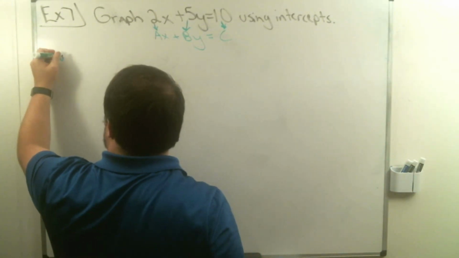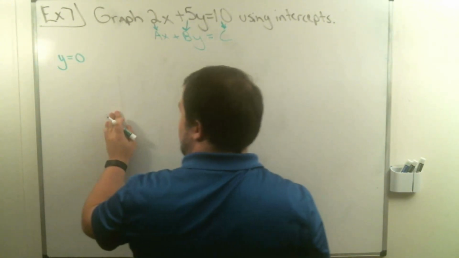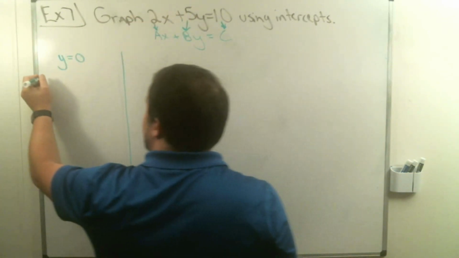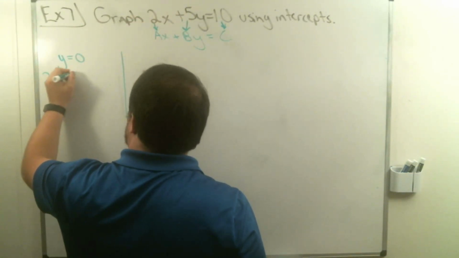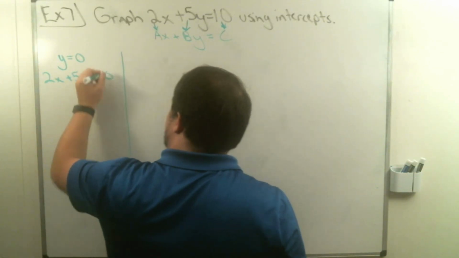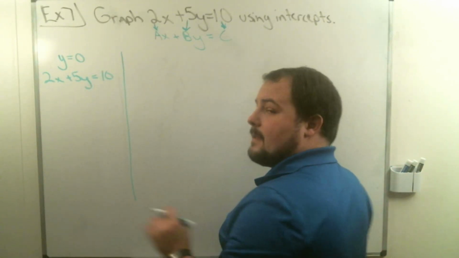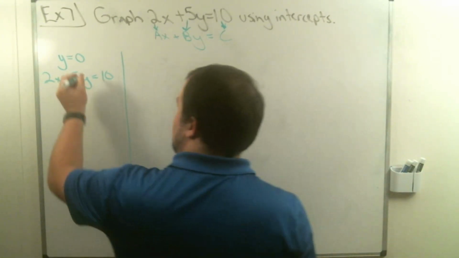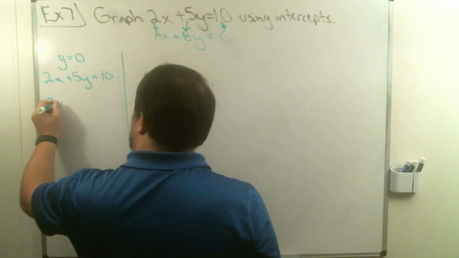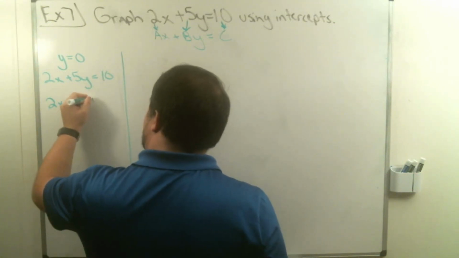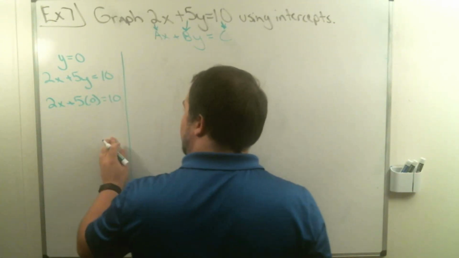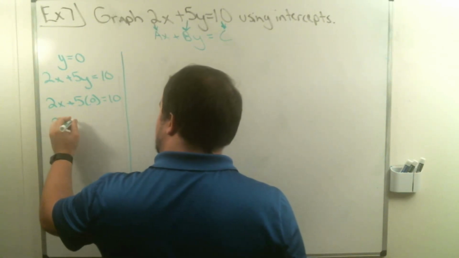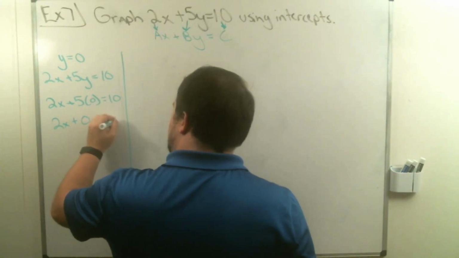The first one, I'm going to go ahead and say, in this case, I'm going to use y is equal to 0. So I'm going to write this equation, 2x plus 5y equals 10. Now, if I'm putting y as 0, then I'm getting the x-intercept. So I'm going to solve 2x plus 5 times 0 equals 10. 2 times x plus 5 times 0, that's 0, equals 10.